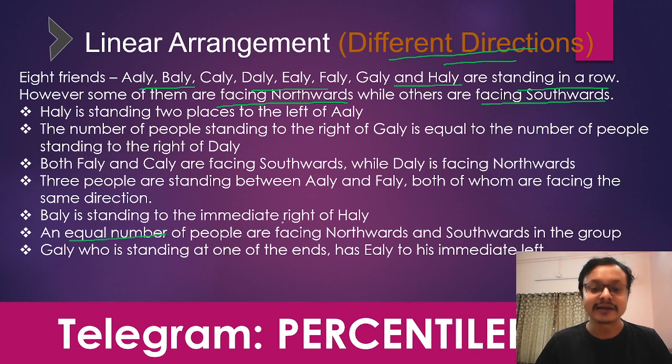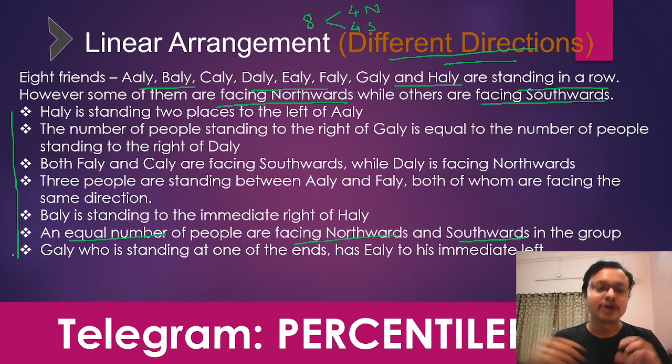It says an equal number of people are facing northwards and southwards in the group, which means out of the 8 people, 4 are facing the northward direction and 4 are facing the opposite, that is the southward direction. So automatically, depending on which direction they are facing, the concept of left and right will change. You have to keep that in mind when you're using the clues regarding left and right sequence.